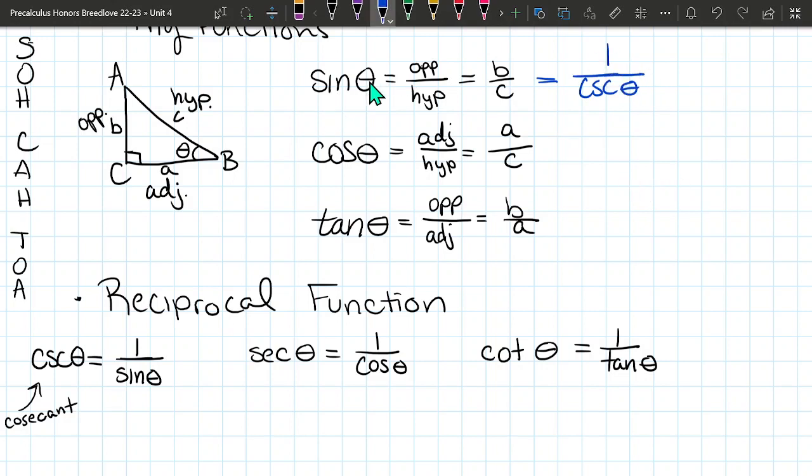So sine theta is equal to 1 over cosecant theta. And cosine theta is equal to 1 over secant theta. And this is also 1 over cotangent theta.